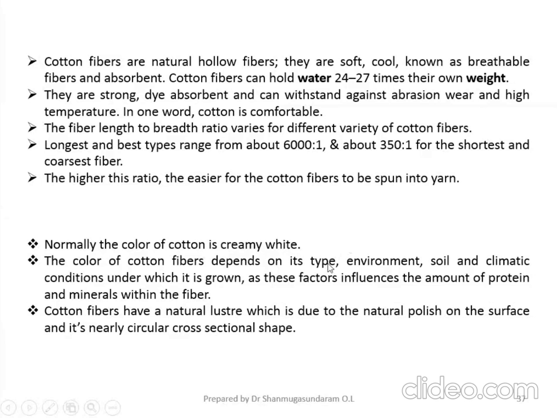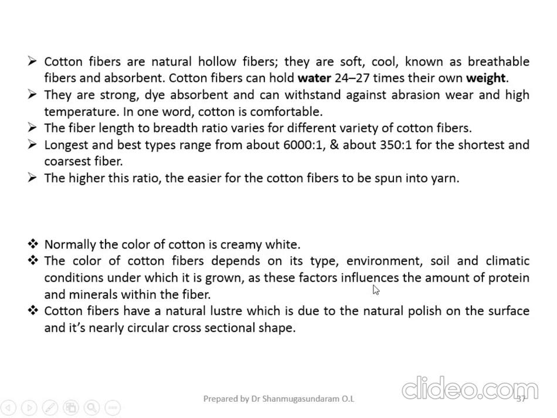Again it depends on the type of the cotton fiber, the environment, soil and the climatic conditions under which it is grown. So all these factors are influencing the color of the cotton fiber. The type, environment, soil and climatic conditions under which it is grown play a major role. It decides the color of the cotton.